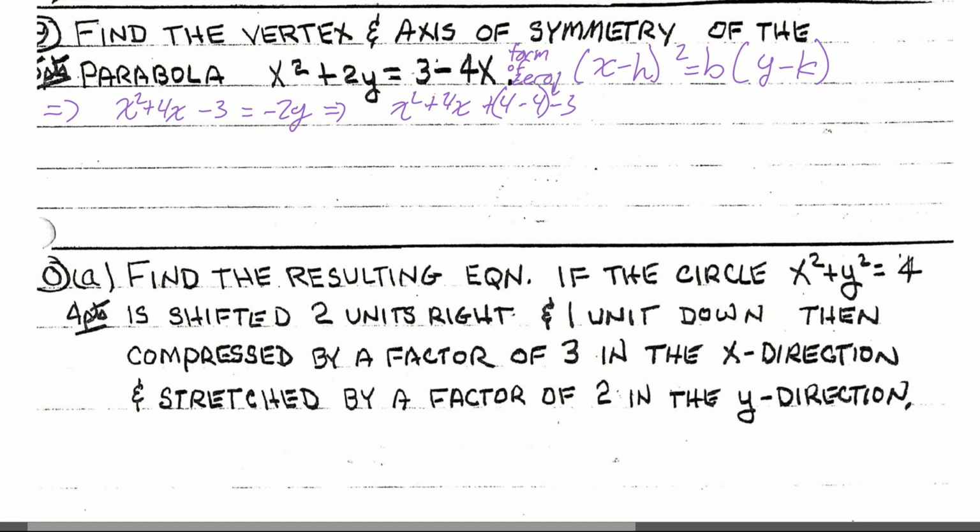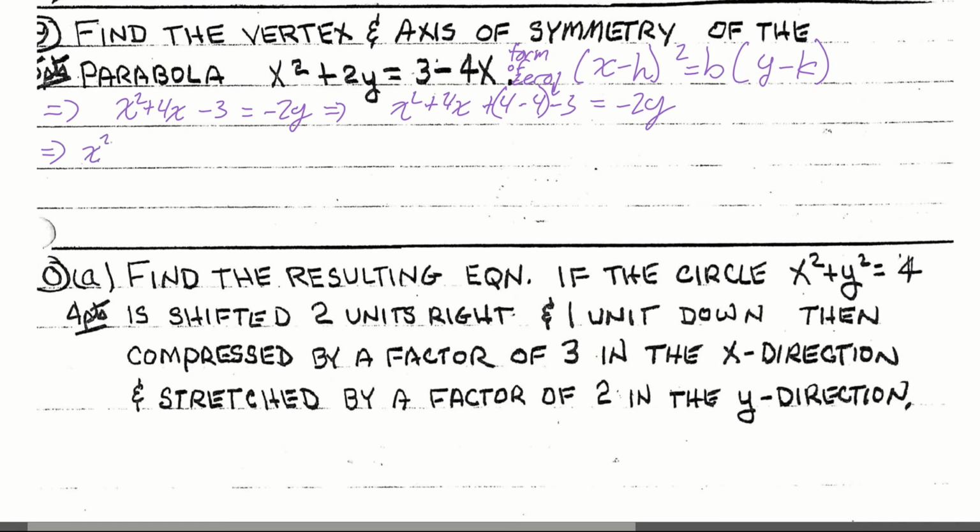You can add forms of 0 or multiply by forms of 1. Adding a form of 0 is another way we can manipulate algebra and not affect the overall value of a function. So since we added a form of 0 here, we can separate the plus 4 and the minus 4. And so we can factor the x squared plus 4x plus 4, and then combine the minus 4 with the minus 3.